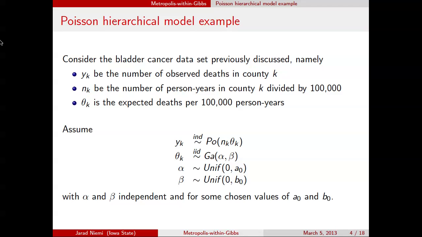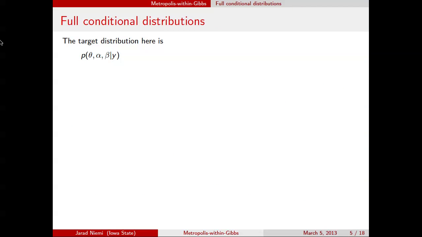Okay, so now the question is, ideally, we would have an analytical form for the posterior distribution. The posterior distribution here is the distribution for the vector theta, which is the theta for all of the counties put into one, and alpha and beta, conditional on y.